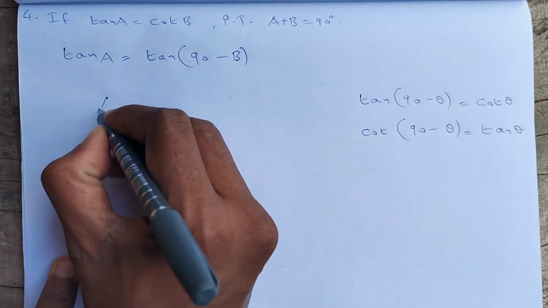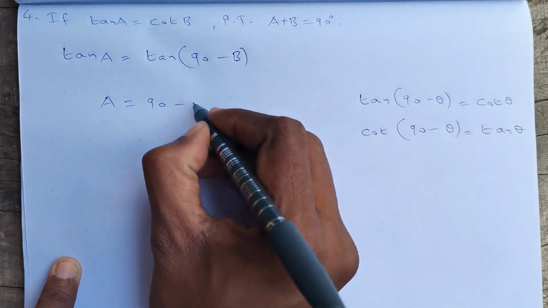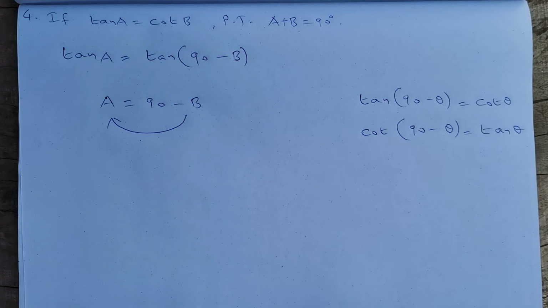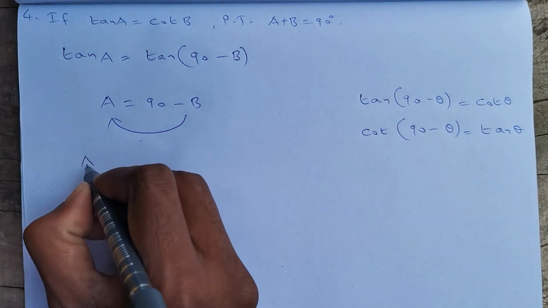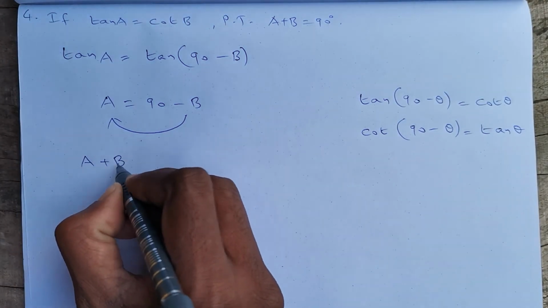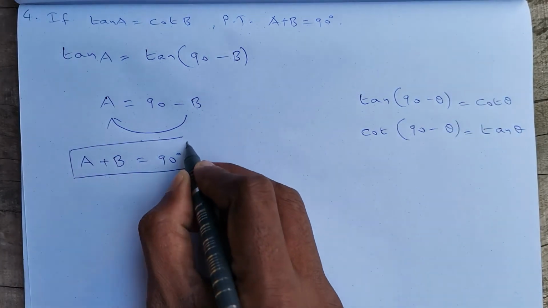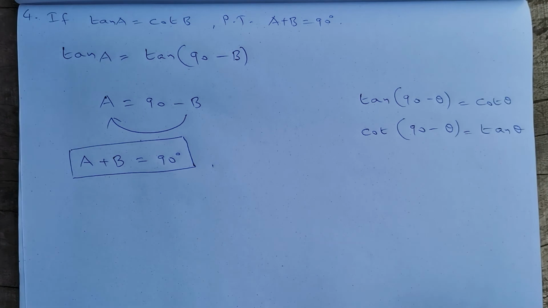Angle A equals 90 minus B. I will take this minus B to the left side, so minus B will become plus B. A as it is, plus B, equals 90 degrees. So the value of A plus B is 90 degrees.